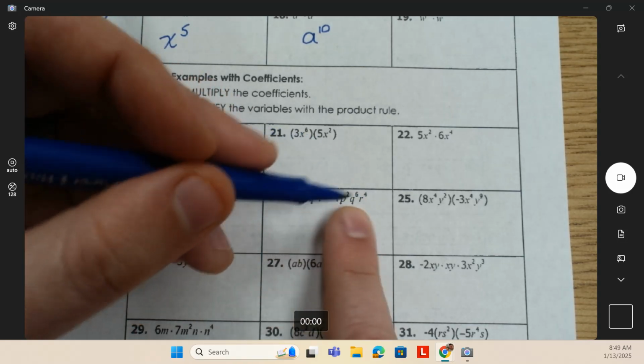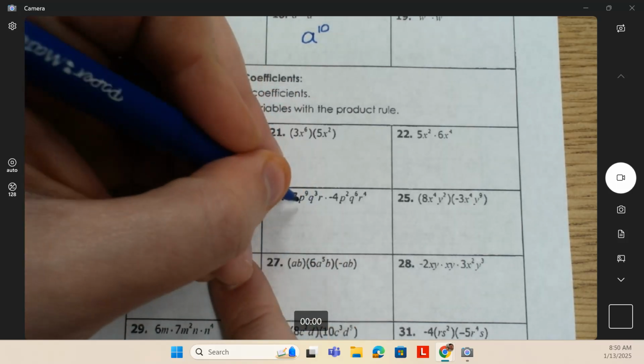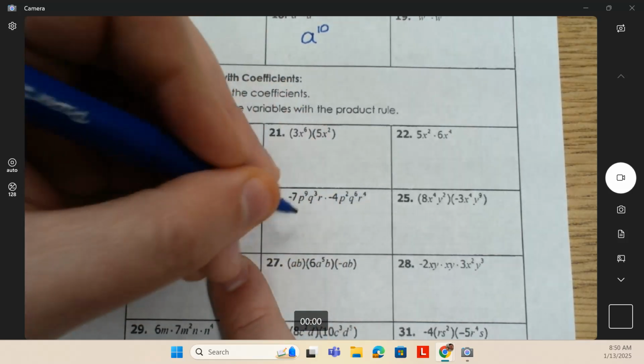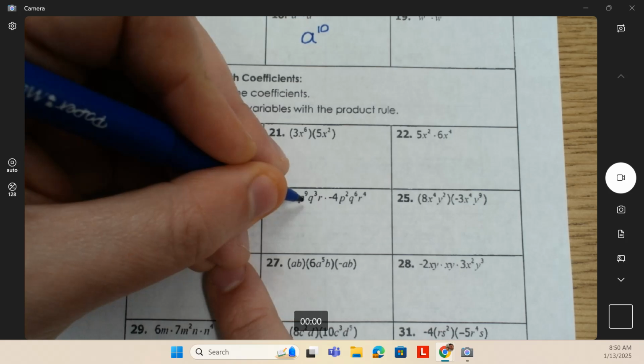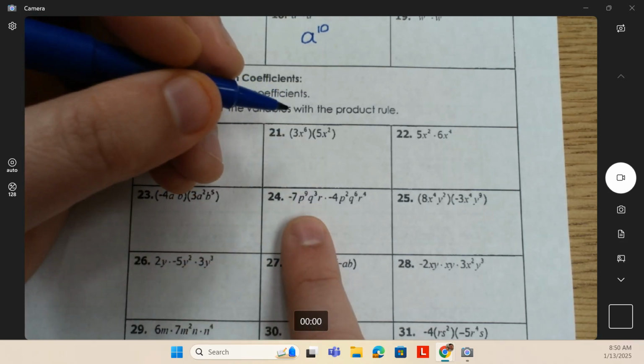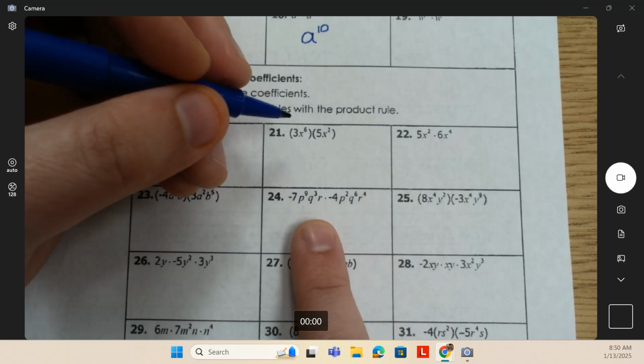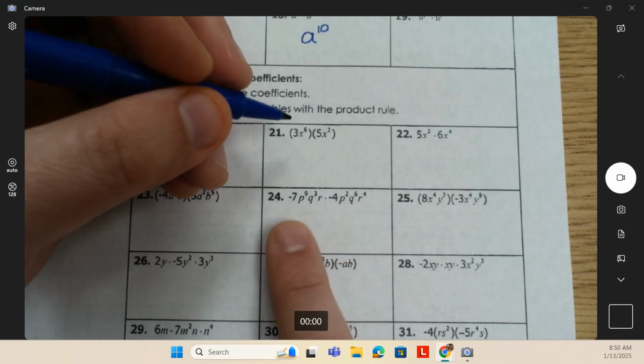Now, these aren't the same, but we're not adding, we're multiplying. These are all really multiplied together anyways, so negative 7 times p to the ninth times q to the third times r. One of my properties of multiplication is that since all this is being multiplied, I can multiply in whatever order I want to.